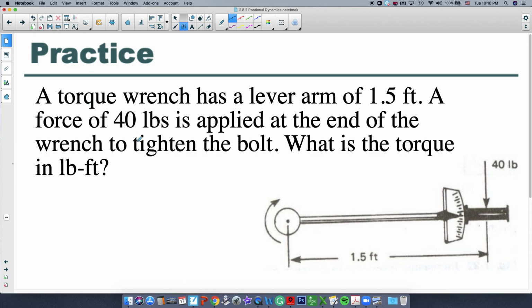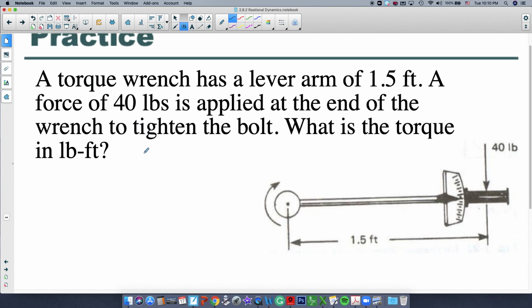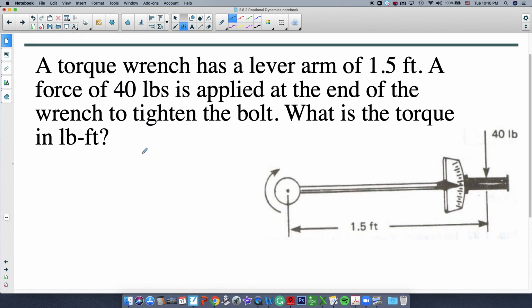So let's practice a quick example problem here. We've got a torque wrench, lever arm of 1.5 feet. A force of 40 pounds is applied at the end of the wrench to tighten the bolt. What is the torque in pound-feet? So our bolt or nut is going to be right there, because this would be the end of the torque wrench. I showed some of you in class what a torque wrench looks like if you've never seen one before.